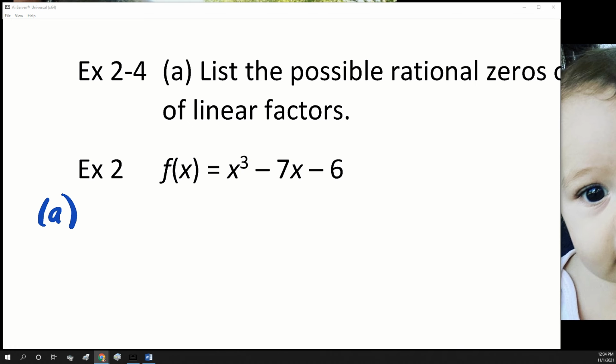we're going to do all the things, starting off with listing the possible rational zeros. So that's your P's and your Q's. So anytime I notice that this leading coefficient is 1, all you really have to do is list out the factors of the constant. That's going to give you your possible rational zeros.